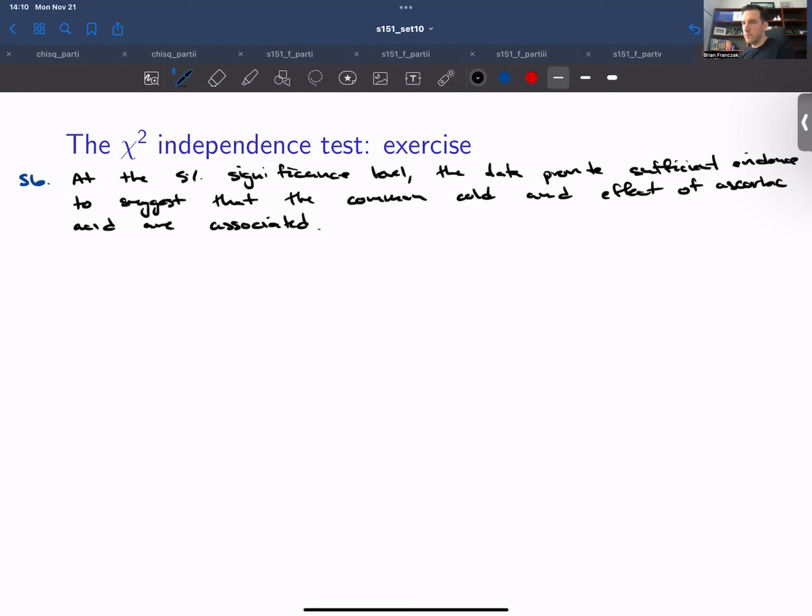So essentially what we've been able to do here is determine that taking ascorbic acid and the presence of the common cold are related to one another. So those are not independent variables.